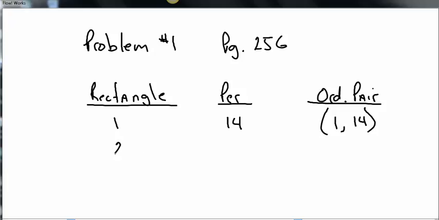Two rectangles. What's the perimeter? You got the two rectangles sitting next to each other like this now. And that's 6, and that's 6, and 1, 1, 1, 1. So 6 and 6 is 12, 2, 2, 16, right? So what's your ordered pair? 2, 16.